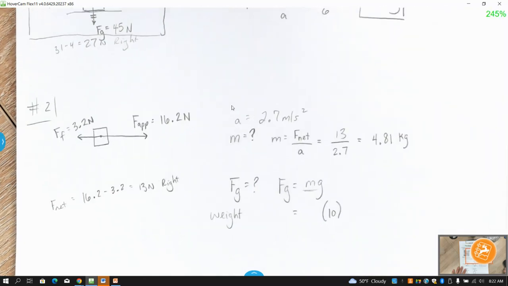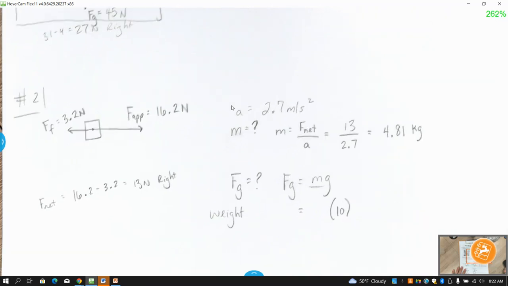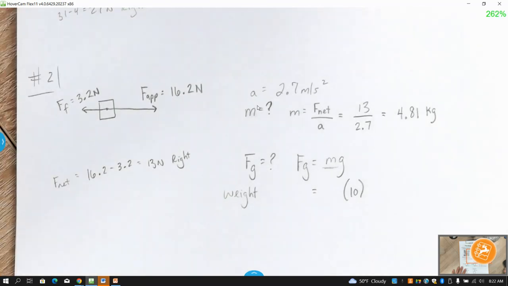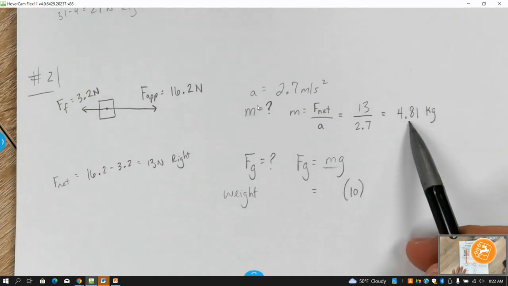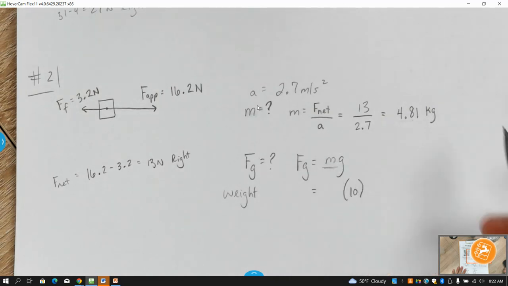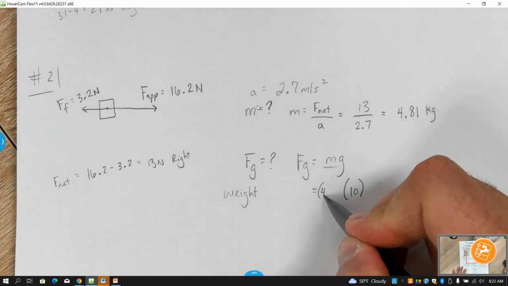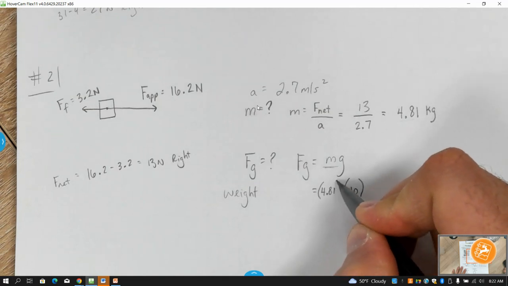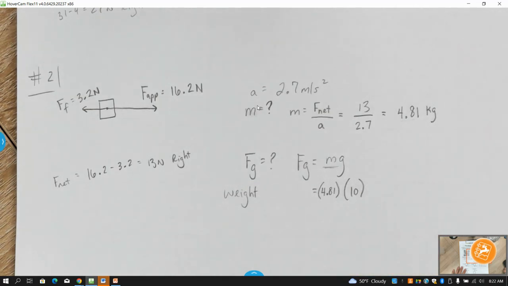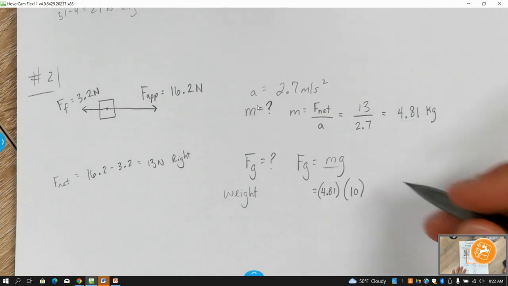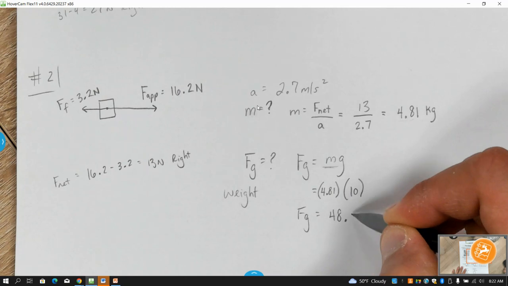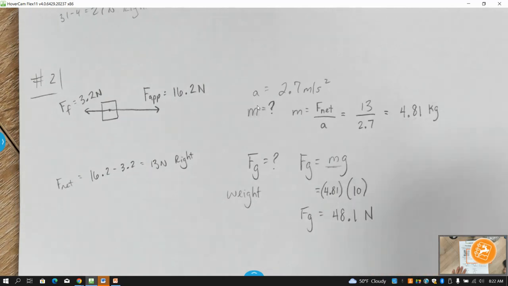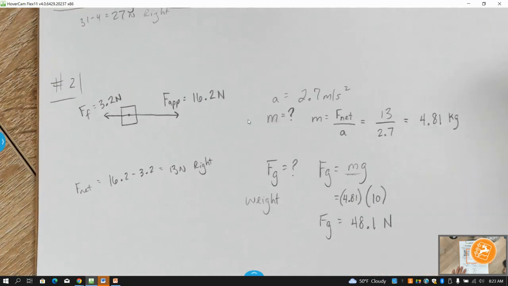Am I done? No, not done yet, because we need to take this and substitute it here for m. So 4.81 times 10. Yep, 48.1 newtons. And so let's just add that to our drawing.